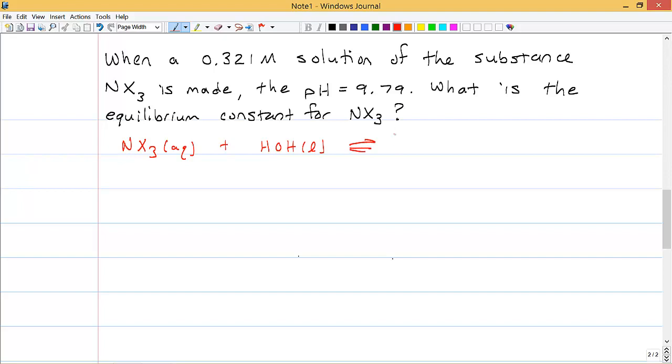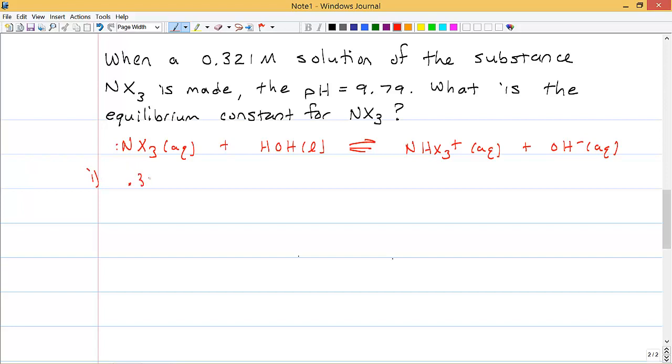And after that, we know that this base is going to have these electrons available to either accept a proton, or in other words, to donate these electrons to the water, which is the acid, and create the new bond between the proton and the NX3. So we're going to get this weird NHX3 plus aqueous stuff, whatever it is. And then we'll be left with OH minus. So there's our reaction.